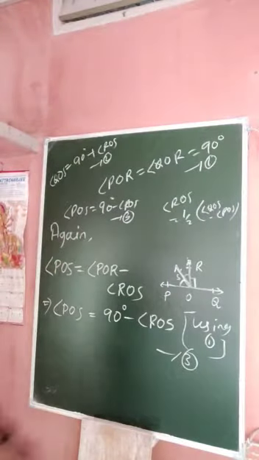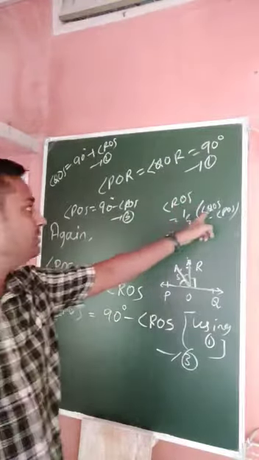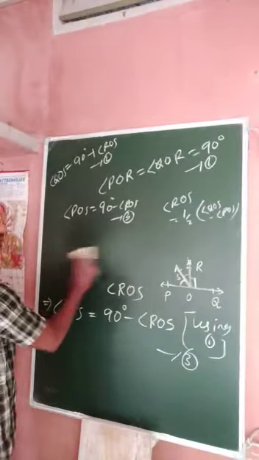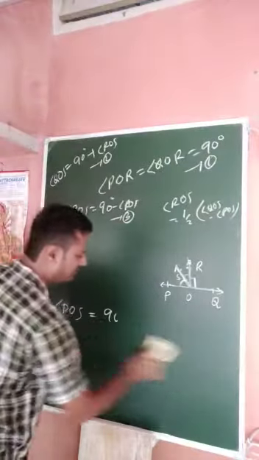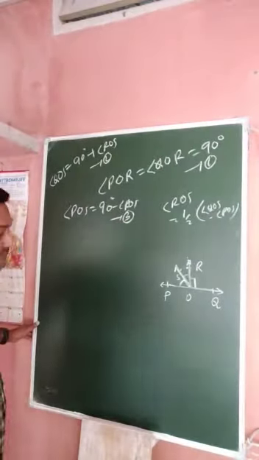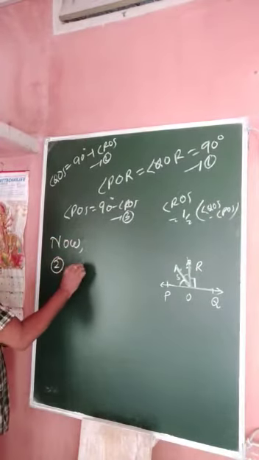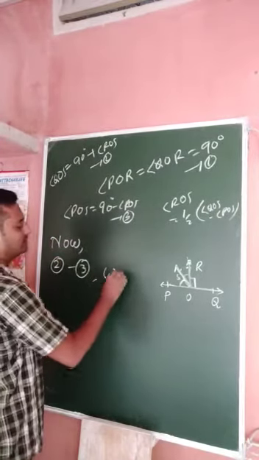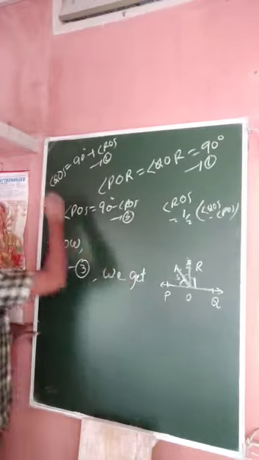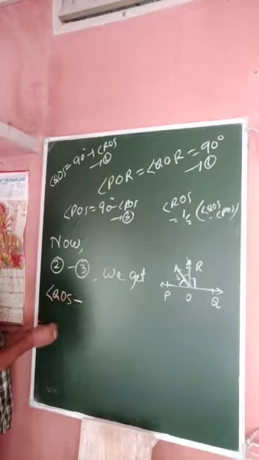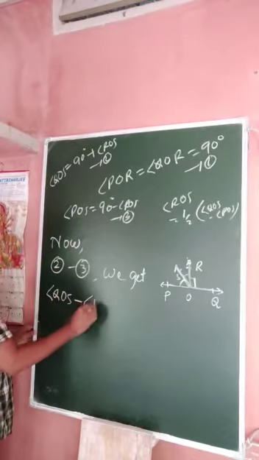Clear? So now you have to find this one, QOS minus POS. So just subtract 3 from 2. So equation 2, left hand side is angle QOS, minus left hand side of 3, angle POS.